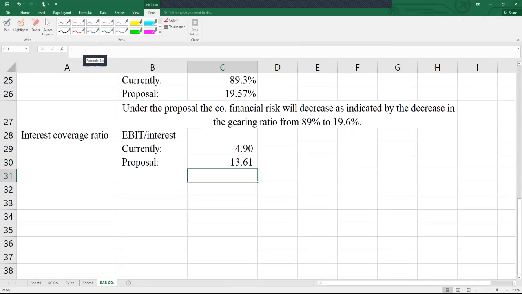Is it good or bad? This is good. It is increasing. Okay, it is improving because you can pay more times.